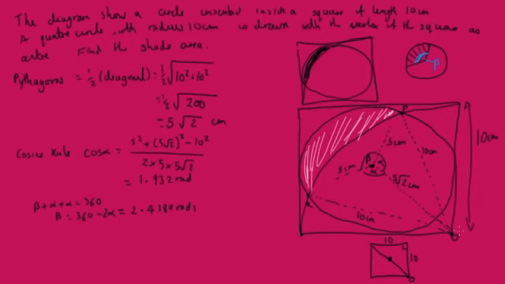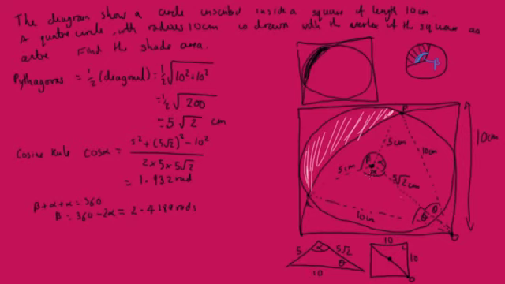Now, we also want to find out the size of this angle here for the sector of the big circle. So we're going to think about this triangle here. We'll take this triangle out here and we'll call this theta. This will also be theta because it's the same. And we've got alpha up here, we've got 5 here, we've got 5 root 2 here, and we've got 10.